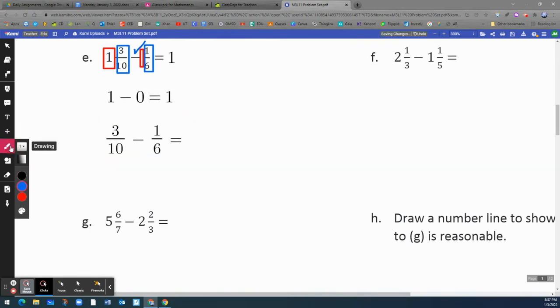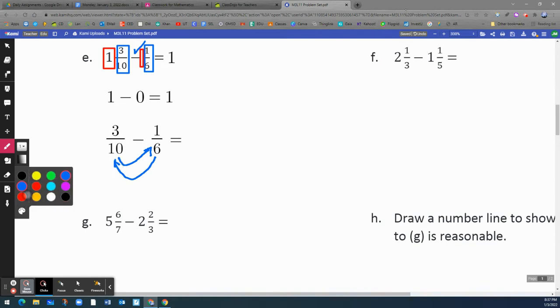Well, remember, we're going to multiply the numbers. We're going to multiply this denominator times the opposite denominator, which is 6, and 6 times 10, which will be the opposite denominator.